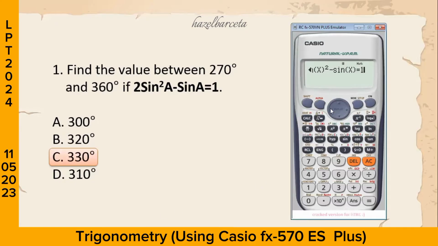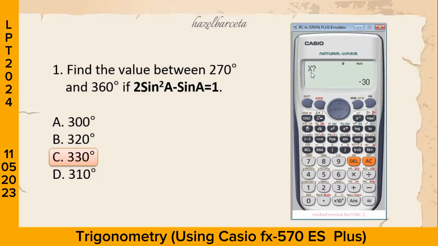Okay? So, given this, tatanggalin po natin yung equal to 1 kasi ito po ang ating magiging parameter para malaman natin kung alin yung tamang sagot sa 4 na options. Since wala na po tayong equal sign, ang gagamitin po natin ay calc function. Kanina po ang ginamit natin ay shift calc dahil sa presence po ng equal sign. Since tinanggal na po natin yon, calc na po ang ating gagamitin.